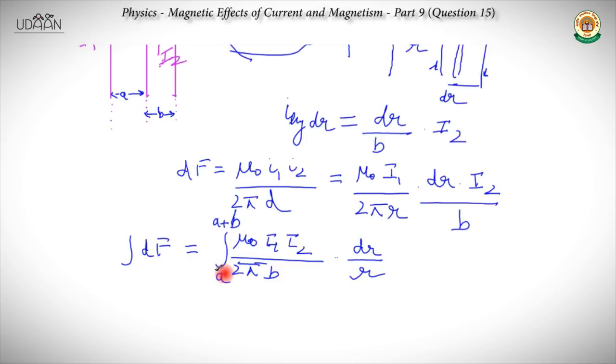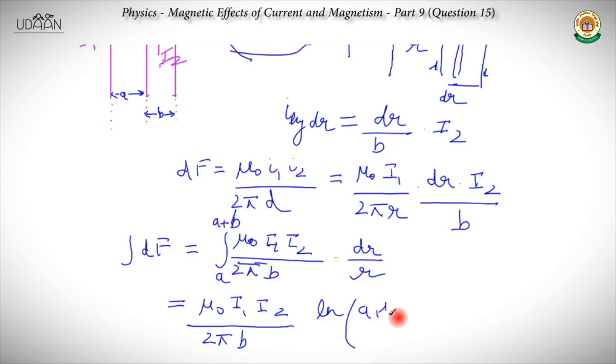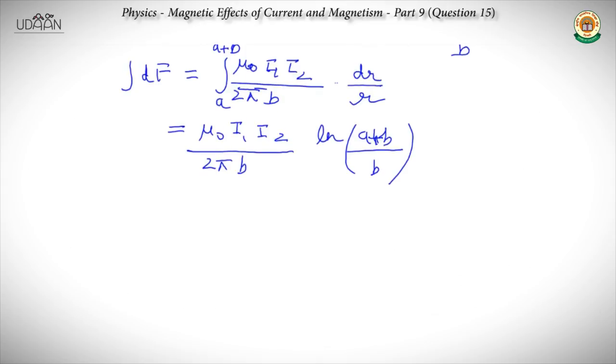Basically these are all constants, so the integral of dr by r is ln r, so we can just write down the answer directly. Mu naught I1 I2 by 2 pi b, ln of a plus b divided by a. This is the final answer. So this is basically the answer for the force of interaction between them.